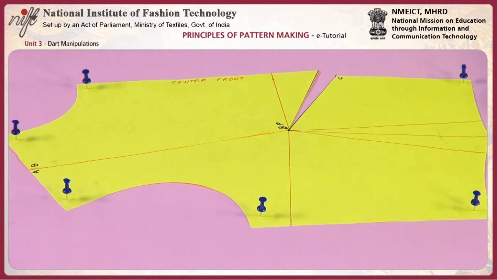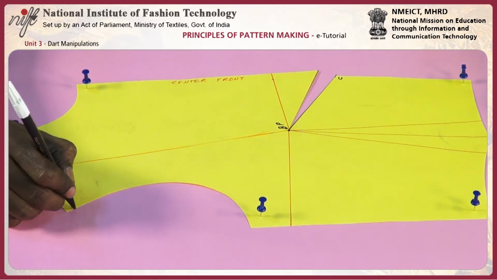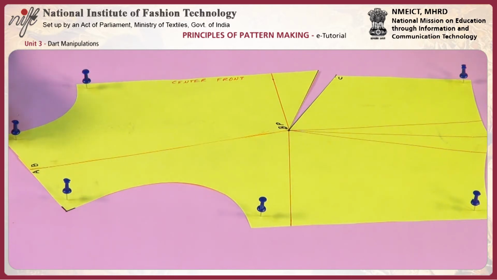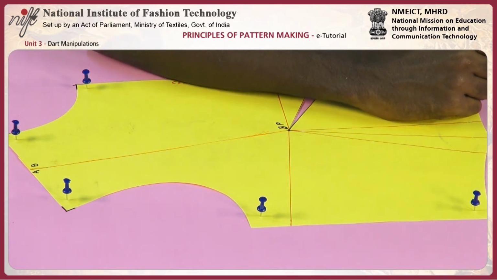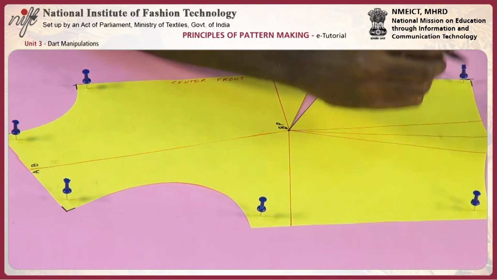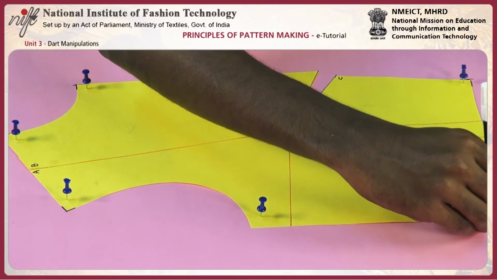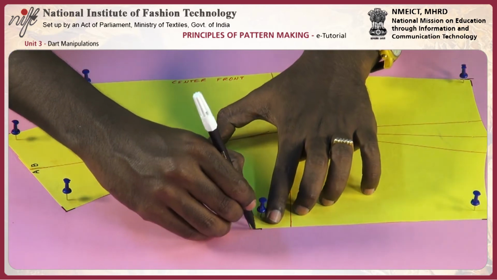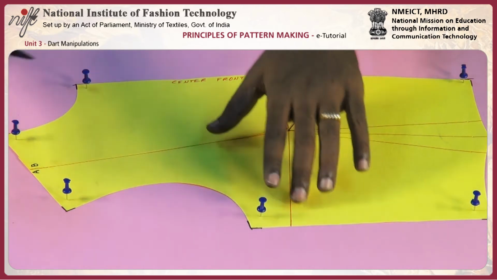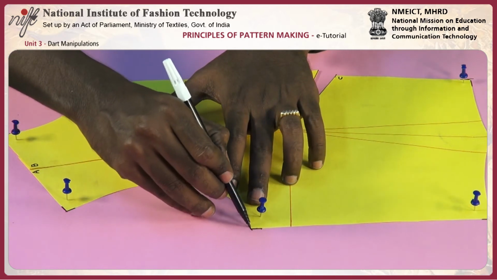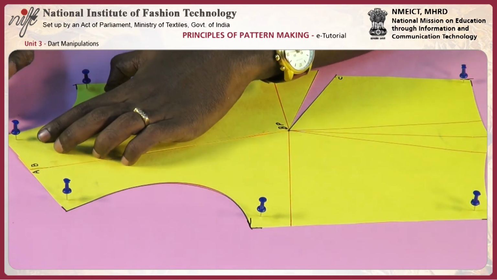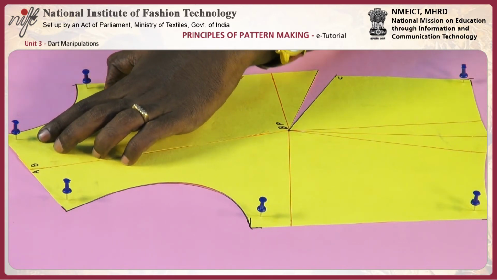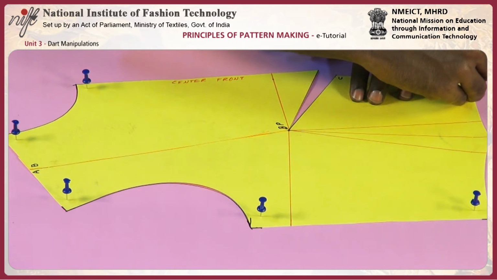Now trace the bodies. Mark the corner points. Draw the armhole shape. Draw the neckline. Draw the waist seam.